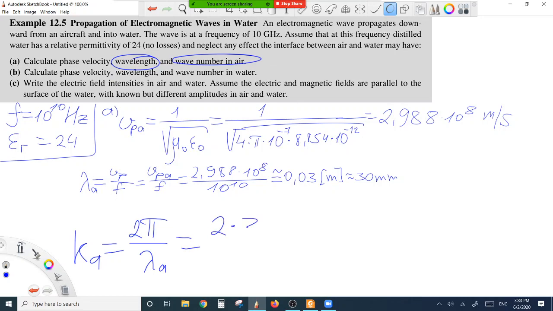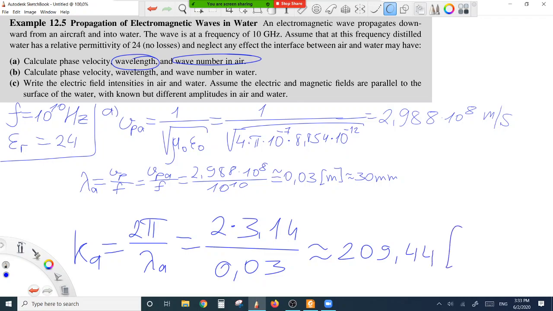So 2 multiplied by 3.14 over lambda, which in our case, in meters, is 0.03. And the wave number is approximately 209.44 radians per meter.